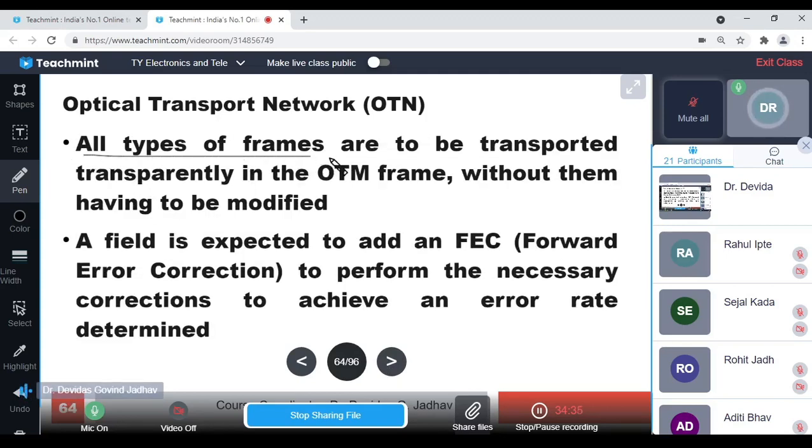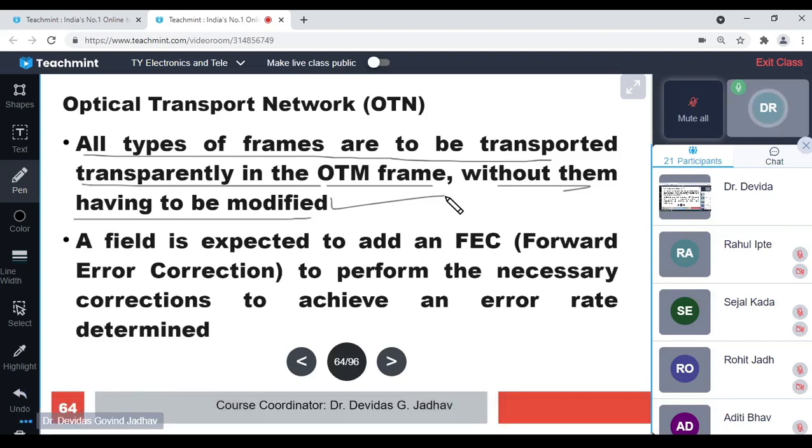All types of frames are to be transported transparently in the OTM frame without having to be modified. Okay. So various systems will have various types of frames, and all types of frames are to be transported transparently in the OTM frame.